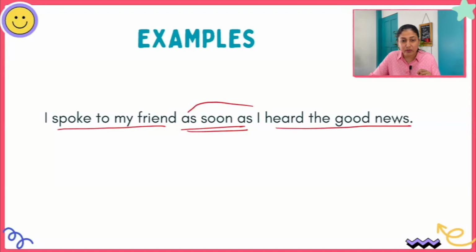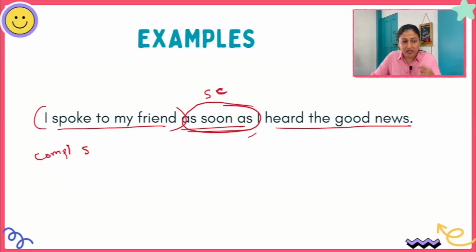Of course, we are using the same connector over here, but do you see there is no comma before or after? Because now this subordinating conjunction is coming in the middle of the sentence. The main clause comes first. So here we are not using a comma, and this also is a complex sentence.